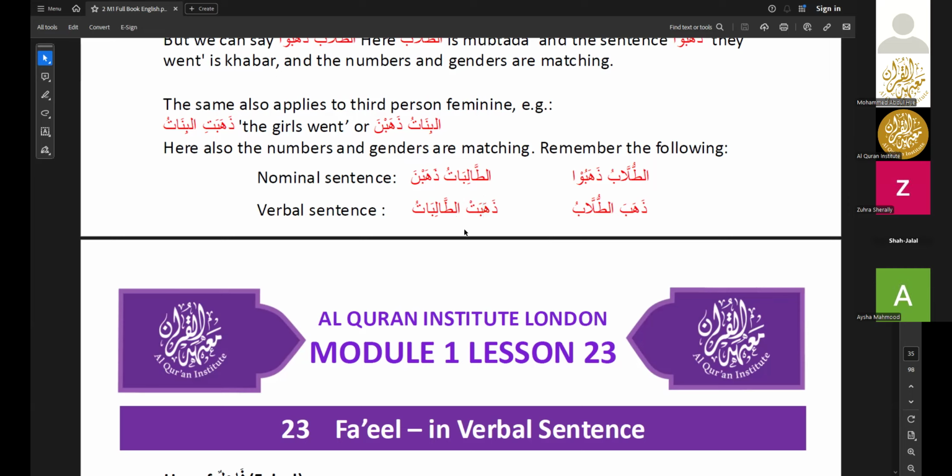So here is the summary. The last two sentences are the summary for lessons 21 and 22. I repeat again, please ask me questions if you don't understand.